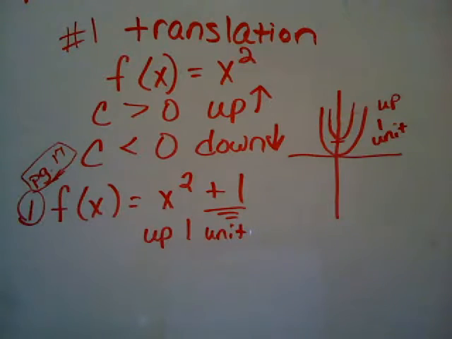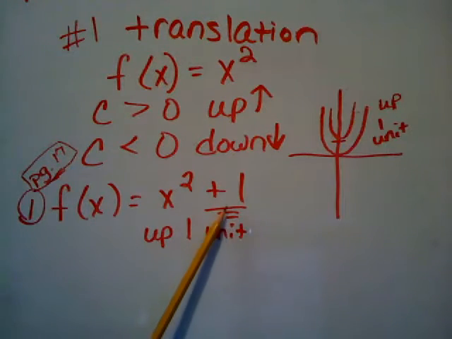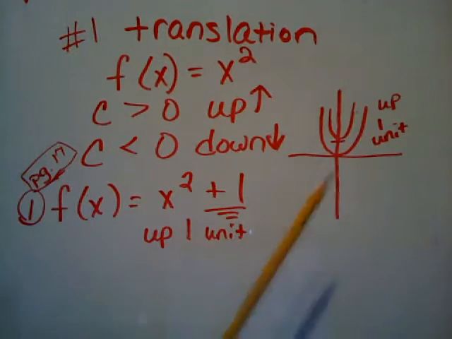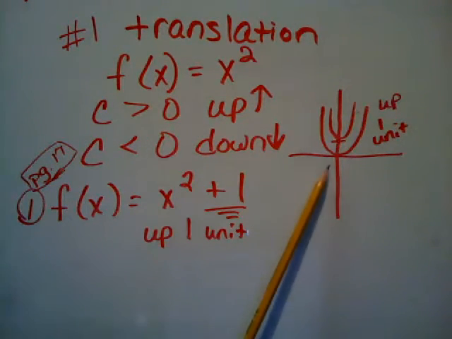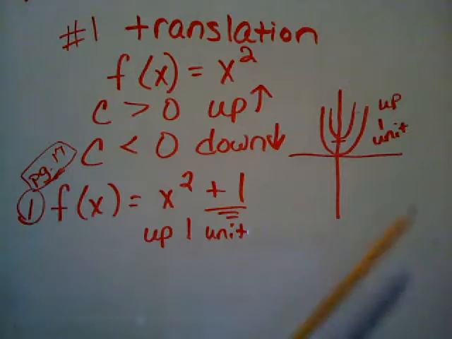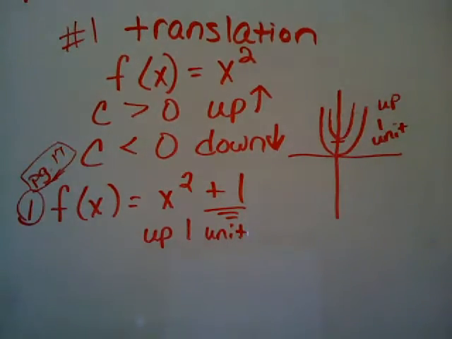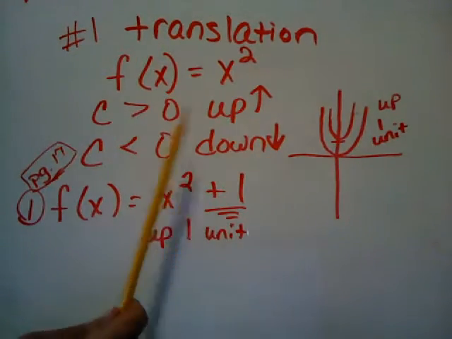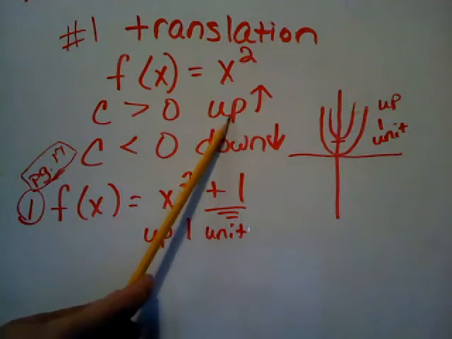Now notice here we have put in a c value, and our c value is 1. Now, over on the graph, I have drawn a parabola that is on the 0 point on the x-axis. The c value moves the parabola up or down. Now, our rule is if c is greater than 0, we're going to move up.